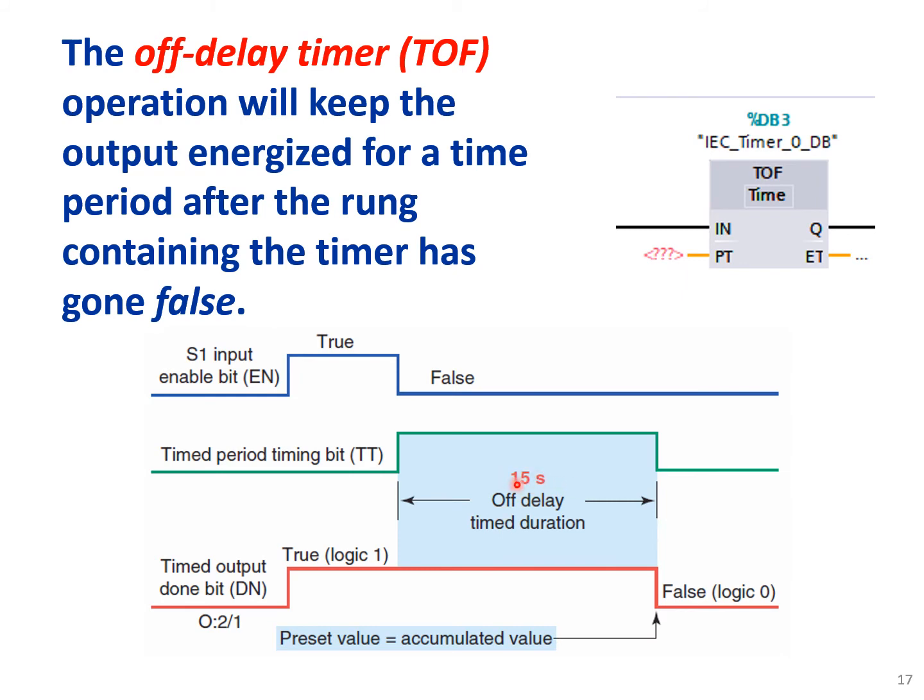In this case, for example, it is set to 15 seconds, and after 15 seconds the done bit of the timer will go off. So this is the difference between on delay and off delay. For the on delay, the done bit will go on, but for the off delay, the done bit will go off, or false, with a delay of 15 seconds from the signal bit.